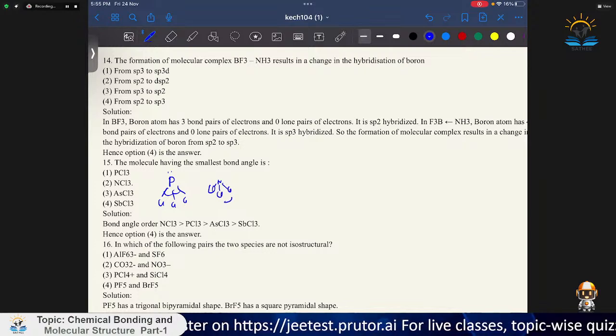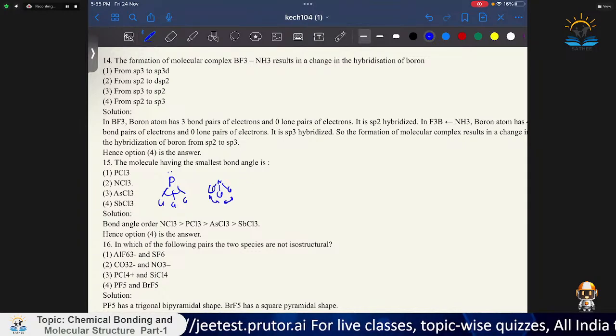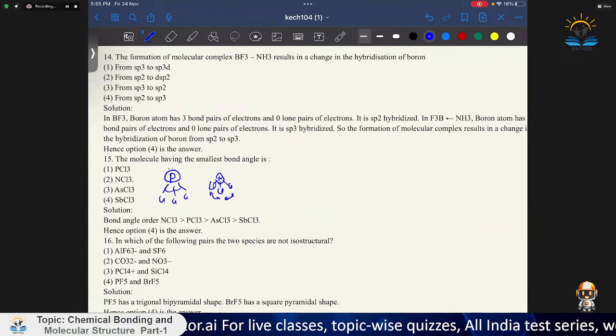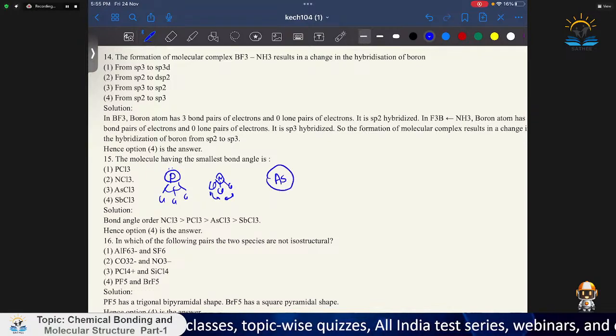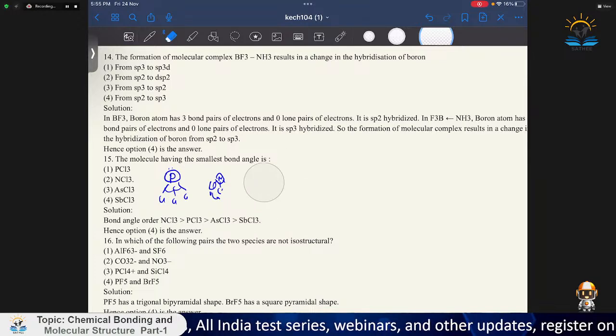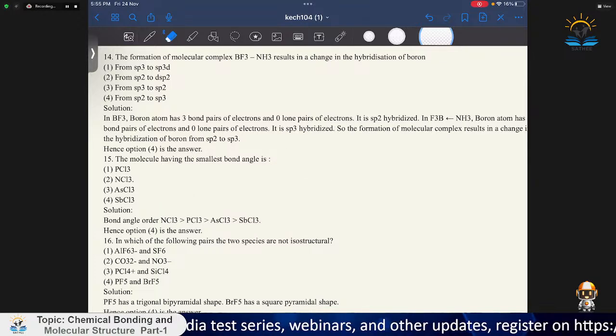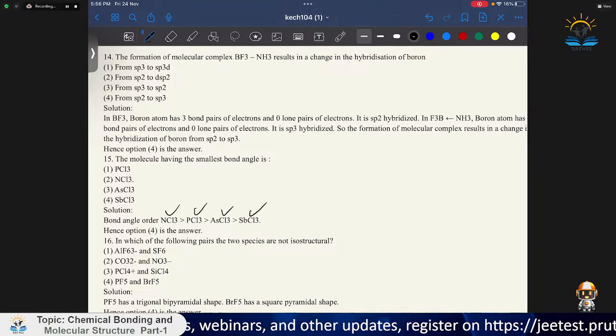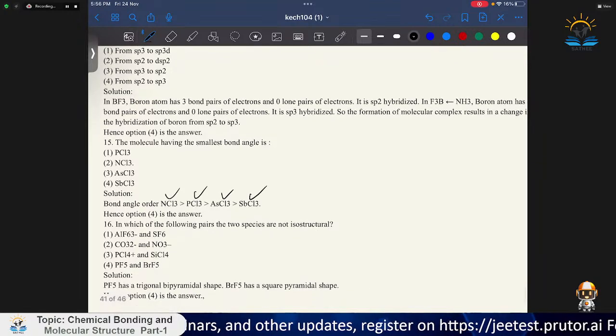We can see the repulsion between chlorine atoms in NCl3 is really high, because nitrogen is a small atom, phosphorus is a very large atom. Similarly, if we take arsenic, it will be even larger. No repulsion at all. They can exist peacefully. Keeping these points in mind, we will just write that NCl3 has the largest, then PCl3, then AsCl3, then SbCl3.